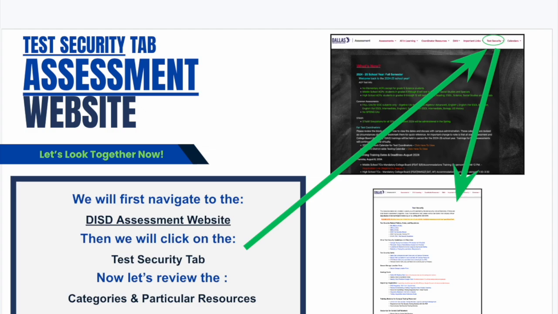When you click on that, there's categories and particular resources that you want to be familiar with.